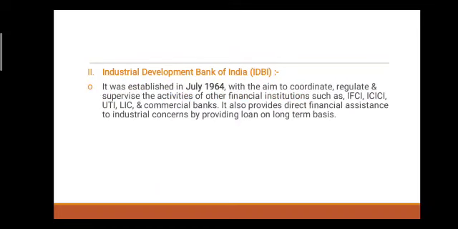It was established in July 1964 with the aim to coordinate, regulate and supervise the activities of other financial institutions such as IFCI, ICICI, UTI, LIC and commercial banks. It also provides direct financial assistance to industrial concerns by providing loan on long-term basis.